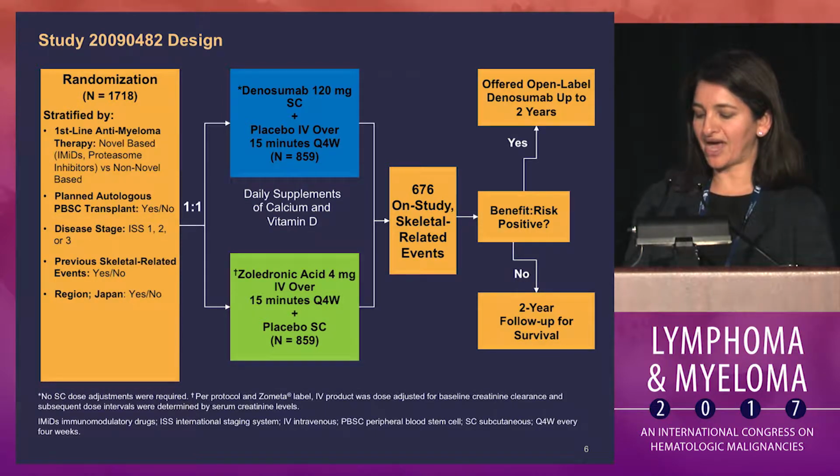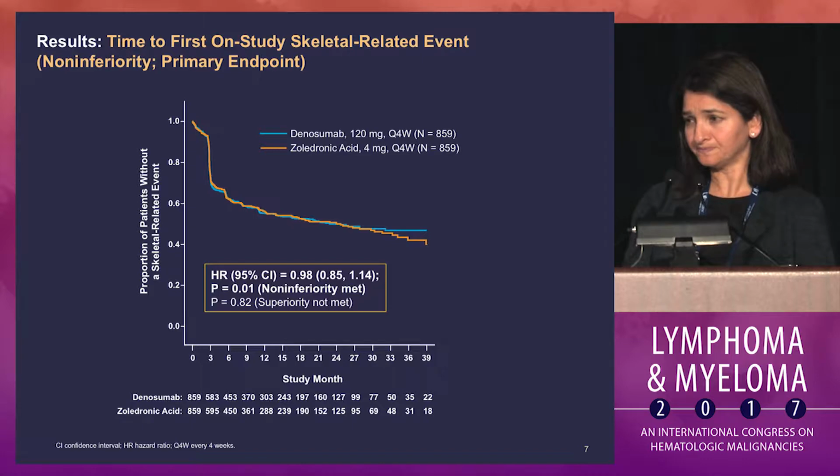All of these were symptomatic multiple myeloma patients, and this was a double-blind placebo-controlled trial comparing Denosumab to zoledronic acid given every 4 weeks. We wanted to see 676 events on study, and if we saw a benefit, patients would be offered off-label Denosumab. If not, they would be followed for 2 years for overall survival.